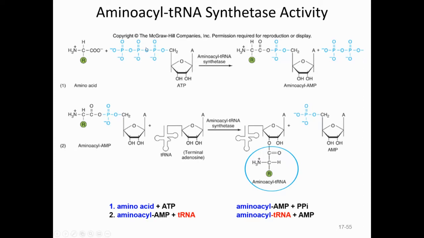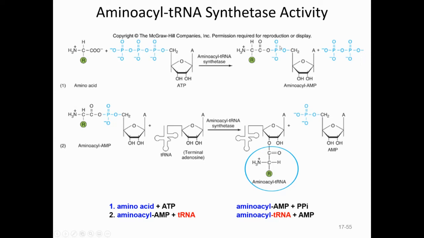From the ATP, you remove the pyrophosphate, and then attach the amino acid to this alpha phosphate.